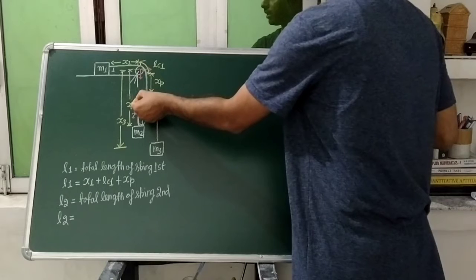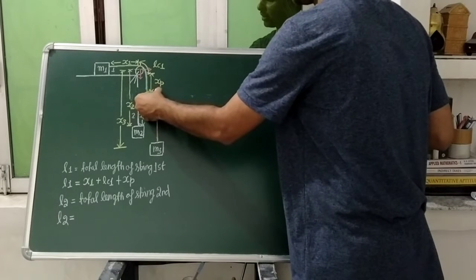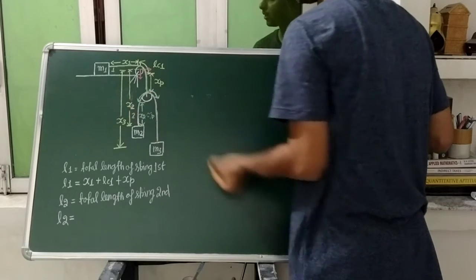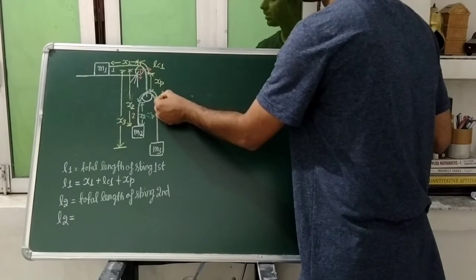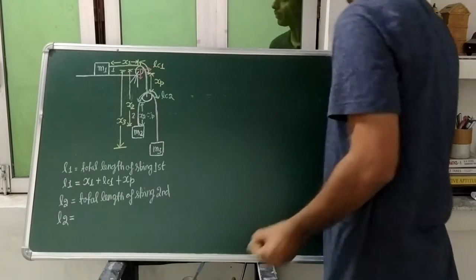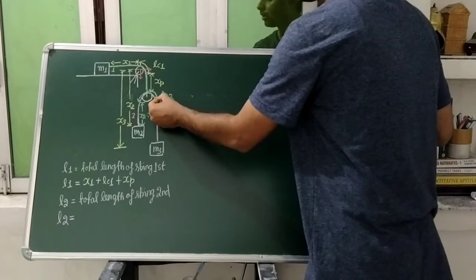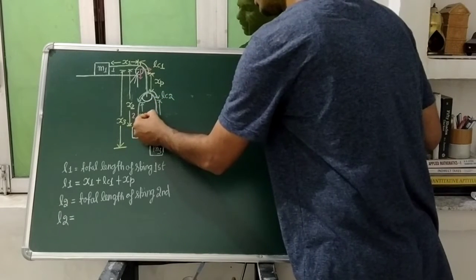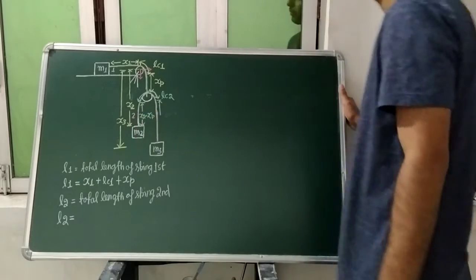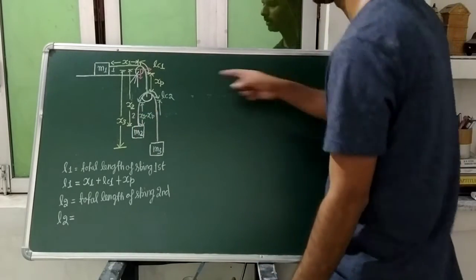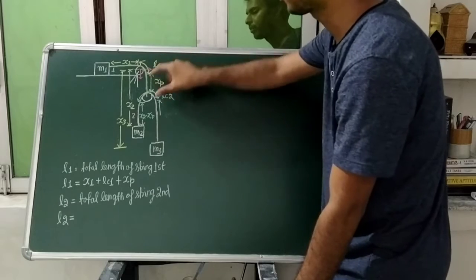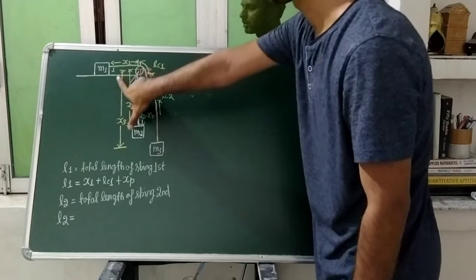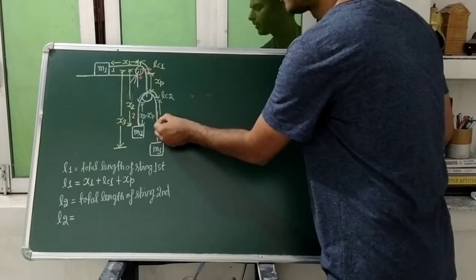And the length of the string which is present over this moving pulley, we can assume to be LC2. And of course, students, here x2 minus xp will give us this length. And what will be the length here? This x3 minus xp.